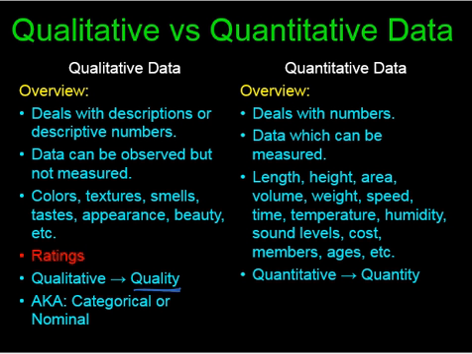So just because data is a number doesn't mean it's quantitative. Data that can be measured are quantitative, so lengths, heights, areas, volumes, weights, speeds, times, temperature, humidity, sound levels, cost, members, ages, test scores. Anything that's measured is quantitative. And again, the root word of quantitative, as you see here, is quantity.